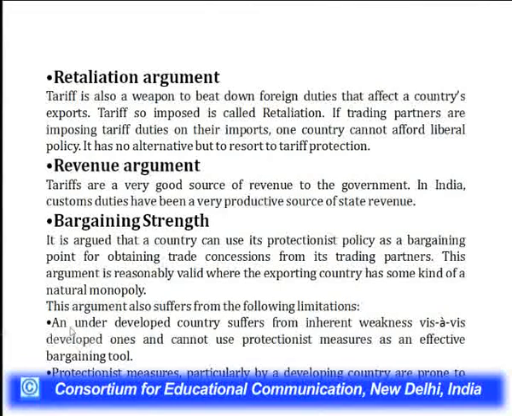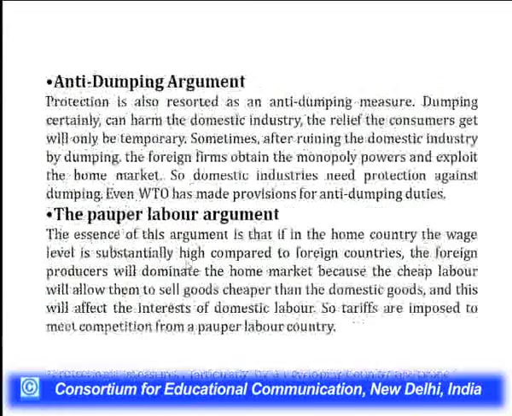An underdeveloped country suffers from inherent weakness vis-a-vis developed ones and cannot use protectionist measures as an effective bargaining tool. Protectionist measures, particularly by a developing country, are prone to invite retaliation by others.